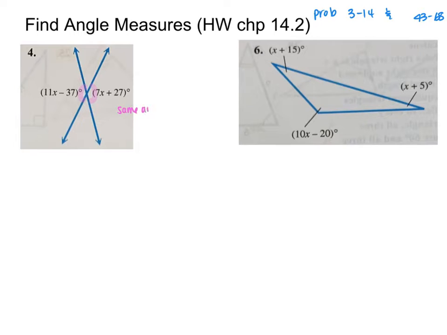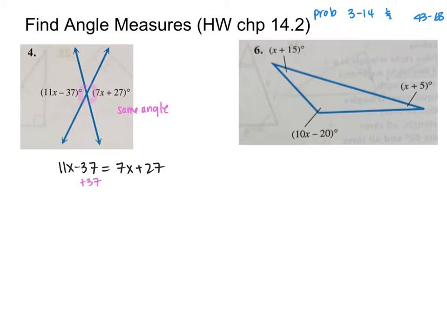So because they're algebraic expressions, I can just set them equal to each other, because then I can at least solve for x. So I'm going to put an equal sign between them so I can solve for x.